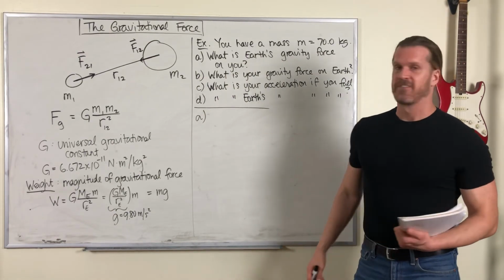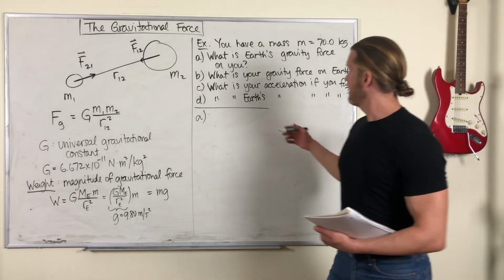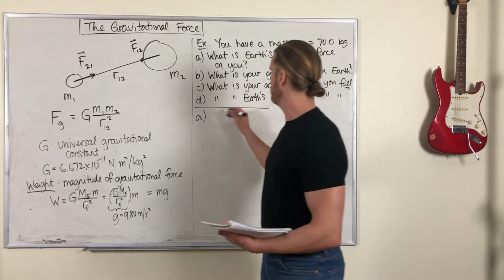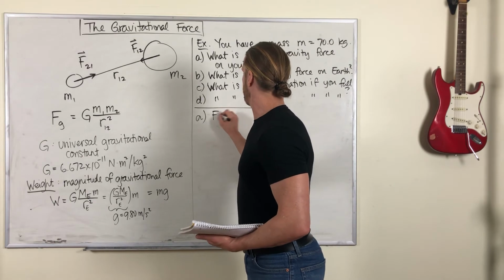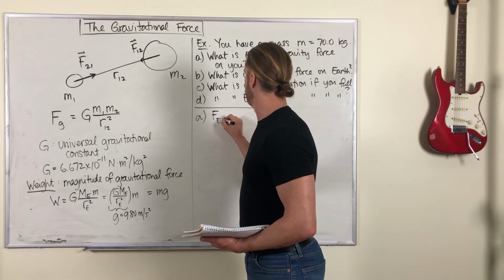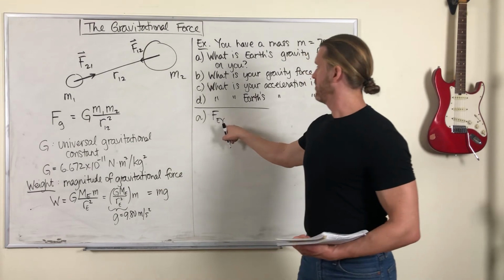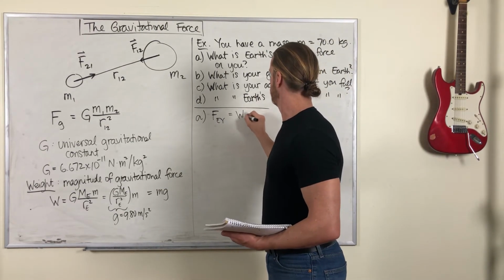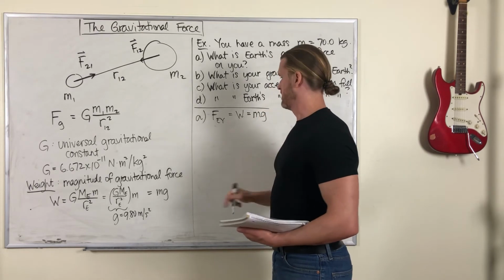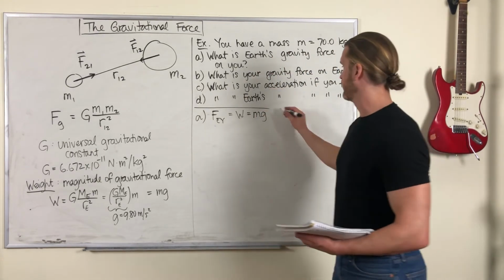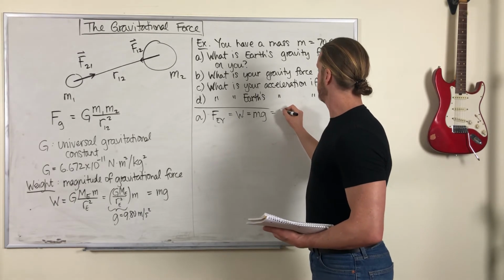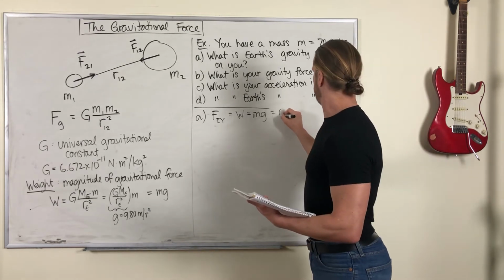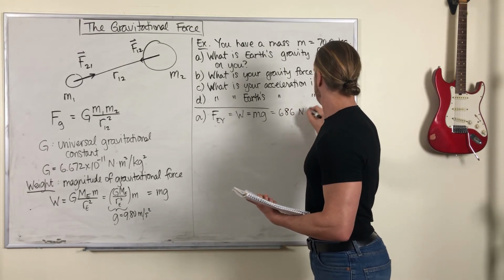All right. Part A, the Earth's gravity force on you. That's another way of saying, what is your weight? So the force of the Earth on you is your weight, which is mg, like we just talked about, or 70 kilograms times 9.8 meters per second squared, 686 newtons.